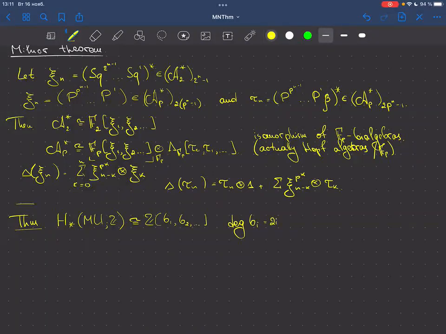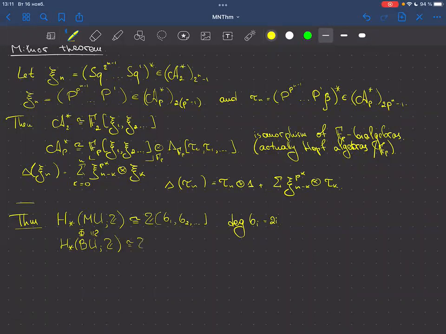We know that this is isomorphic to the homology of BU via the Thom isomorphism, which is an algebra isomorphism in this case.